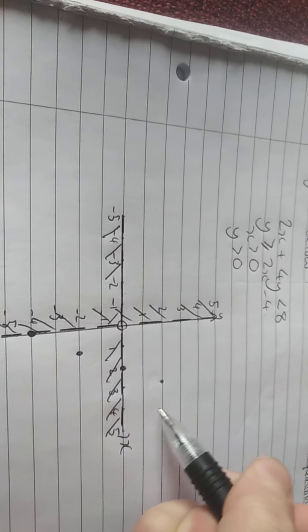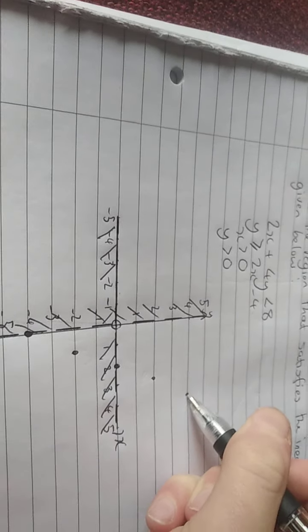So I would plot a point at minus 4 there, and then go across 1, up 2, and then across 1, up 2, and that's going to be all your points on that line. You only really need 2 or 3 of the points, and then you can just draw a straight line between them because it's a linear graph.